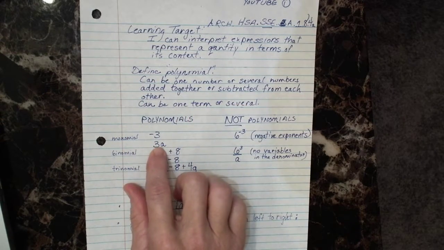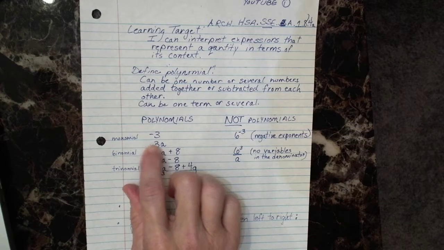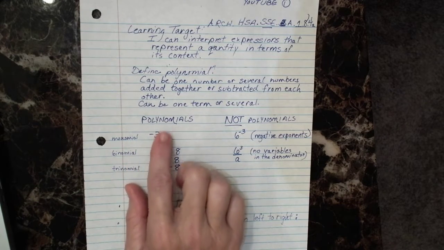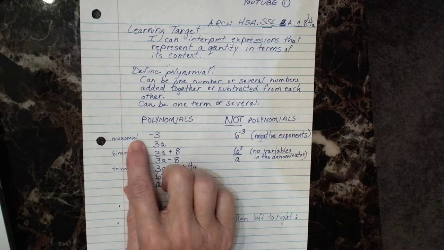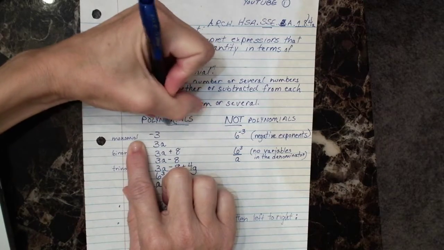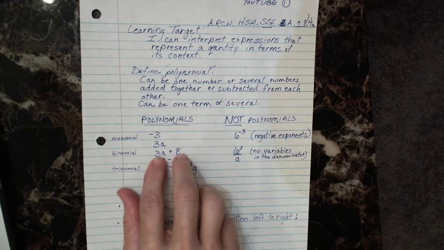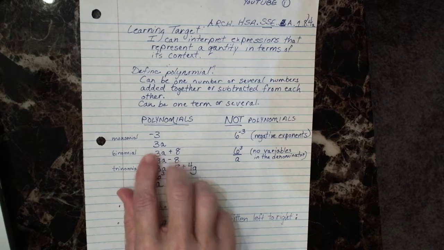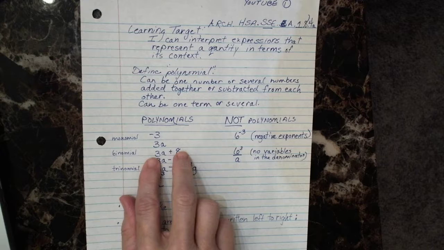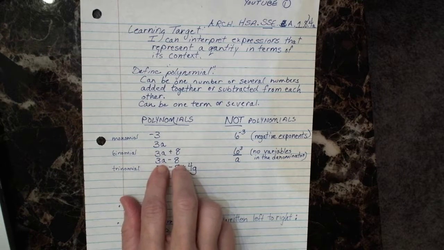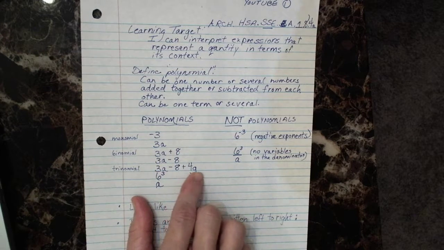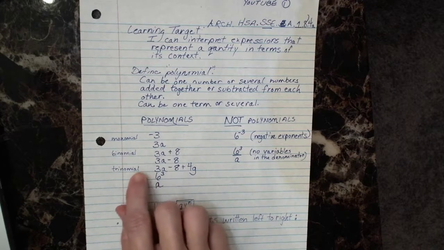So this is one term, and one-term polynomials are called monomials. A two-term polynomial, where the terms are being added or subtracted, is called a binomial. When there are three terms being added or subtracted, we call it a trinomial.